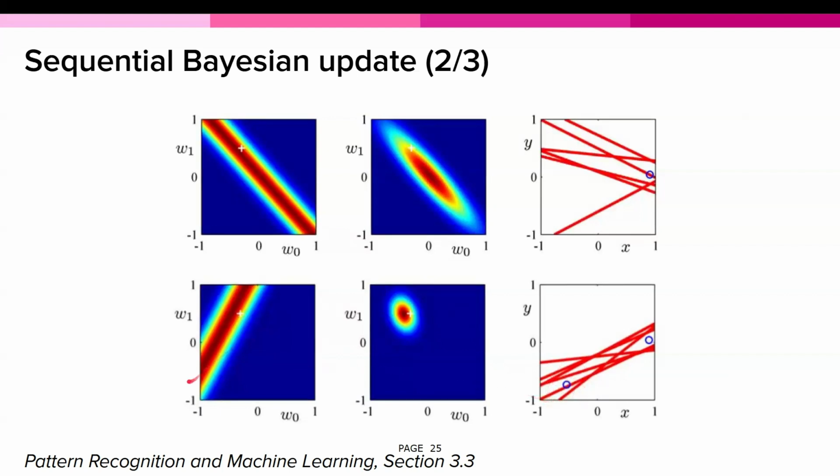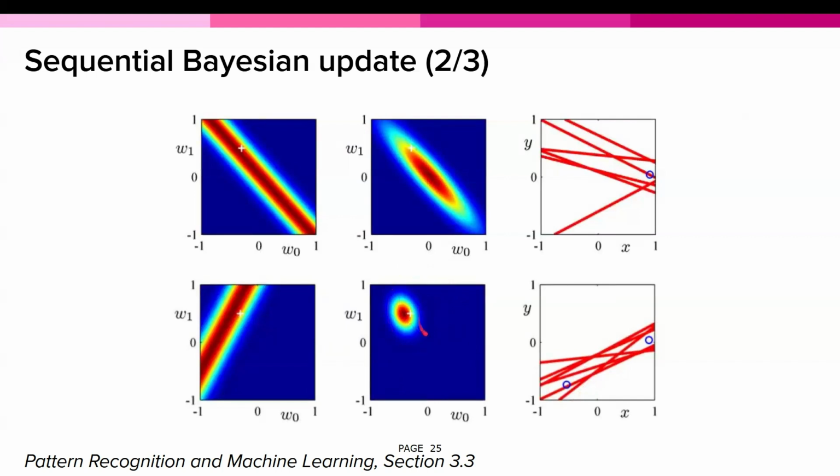The likelihood function, the parameter regime that could have accounted for that data, is now shown here. The posterior distribution that we just got is now the prior for this next update. When we multiply this by our likelihood, the new posterior is this plot here in the middle.